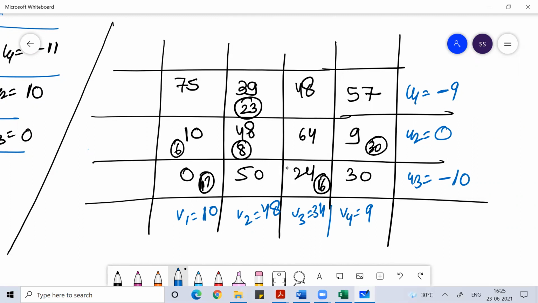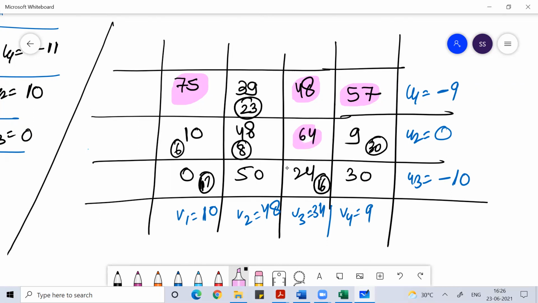So once you're done with this, now focus on the unoccupied cells. 75: this would be positive only because 10 minus 9 is less than 75. 48: 34 minus 9 is less than 48, positive only. Plus 9 minus 9, 0, is less than 57.